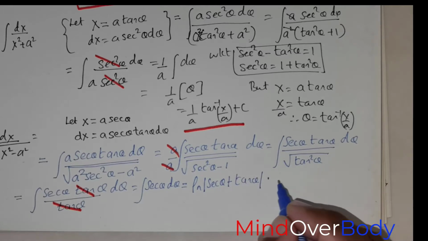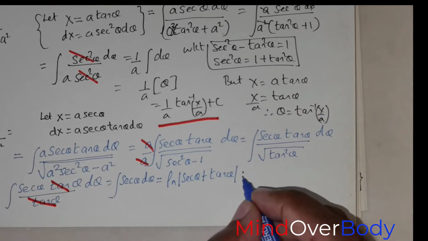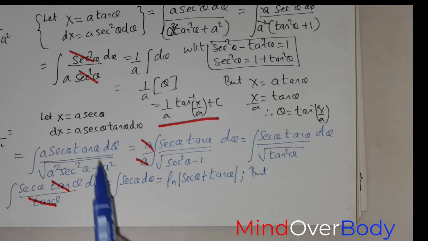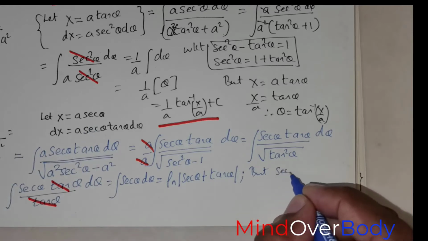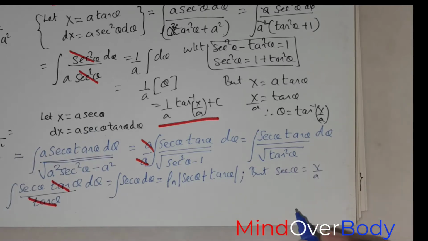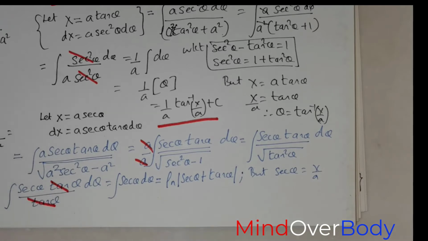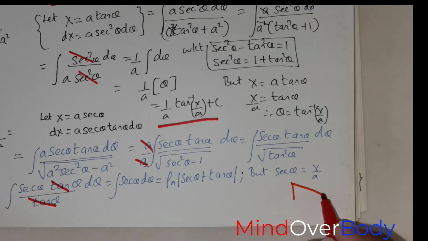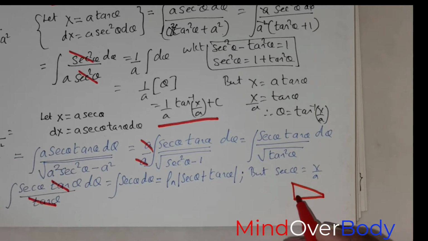But let me just write that, but my x is equal to a times secant theta, so this would mean secant theta is equal to x over a. So let me draw the Pythagoras triangle and show you. This is 90 degrees, right?